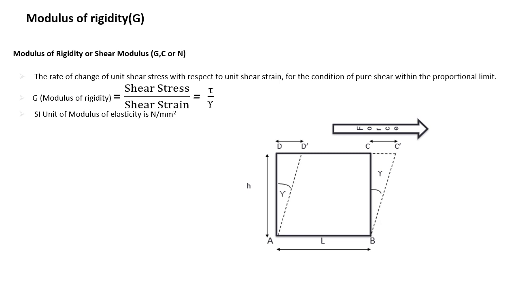It is expressed in mathematical form as the ratio of shear stress to shear strain, and its SI unit is Newton per mm square.